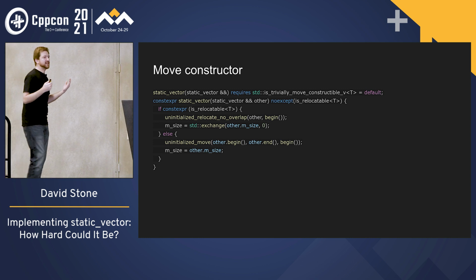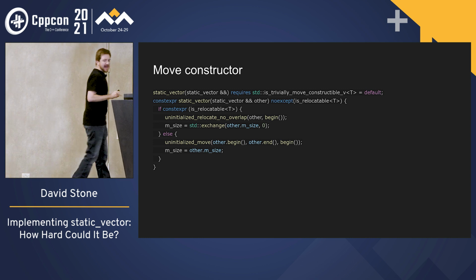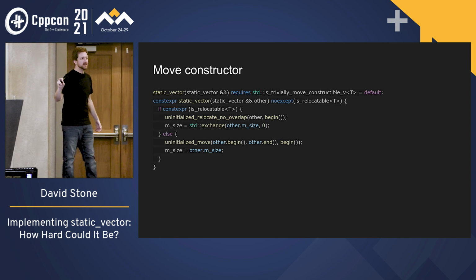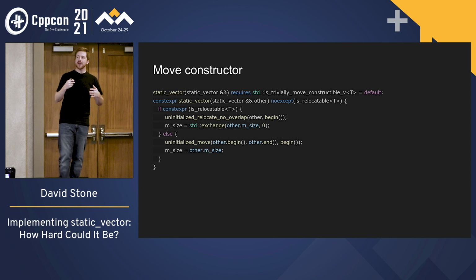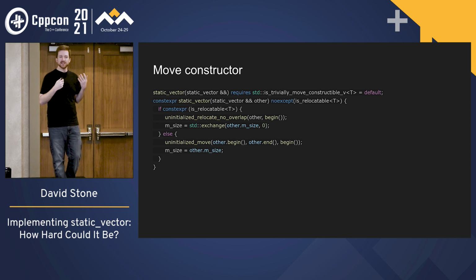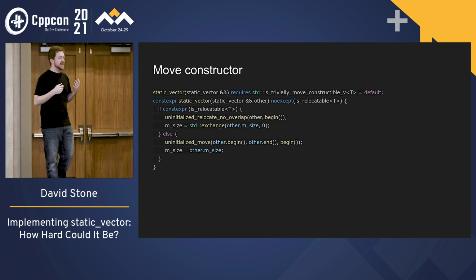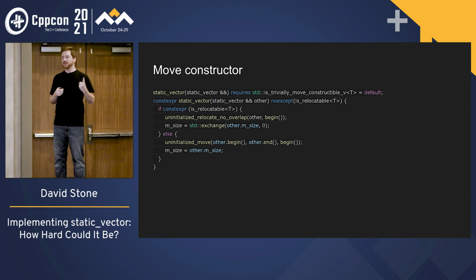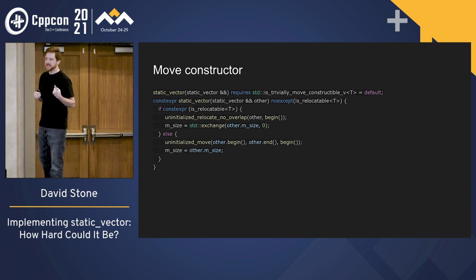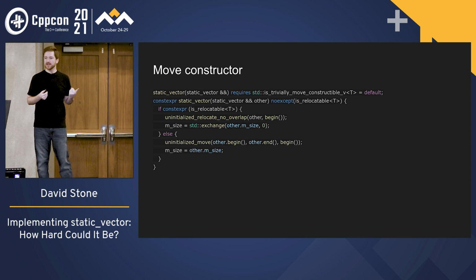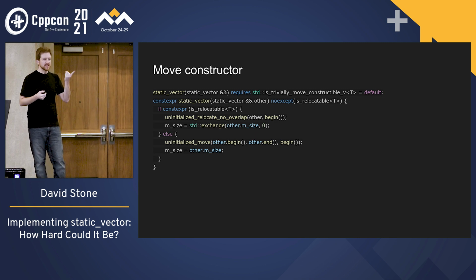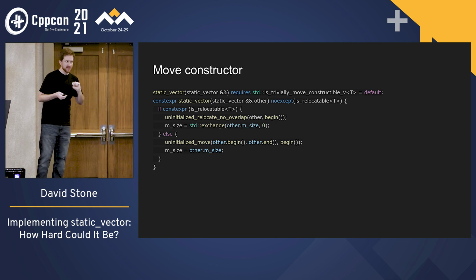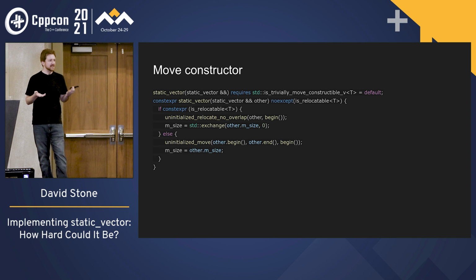But yeah, so relocation can mean a few different things. And all of that is wrapped up in this uninitialized relocate no overlap function. That can mean whatever you're able to get relocation to mean in your code base. There's a few things here. For instance, one of them is trivial relocation. This is a really important optimization. Arthur gave a presentation on this, I think 2 years ago, right here at CppCon, or C++ Now, one of the two.